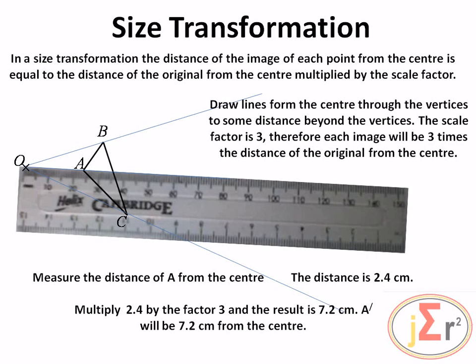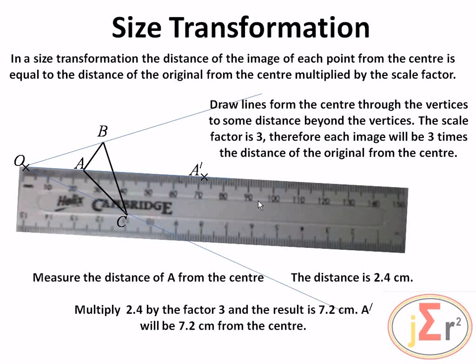So because the scale factor is 3, we find the distance from O to A, then multiply that distance by 3. Then of course, locating the image of A, we are going to measure that 7.2 centimeters again from the center along that line.